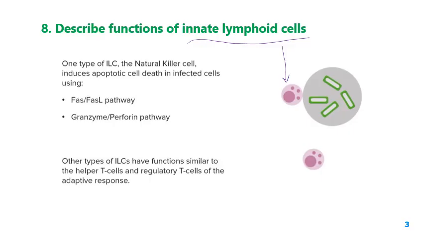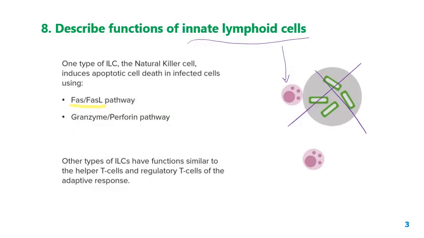The pathway, as we're going to see later in more detail, is the signaling pathway called Fas and Fas ligand. It interacts with the Fas receptor and tells the cell to die.